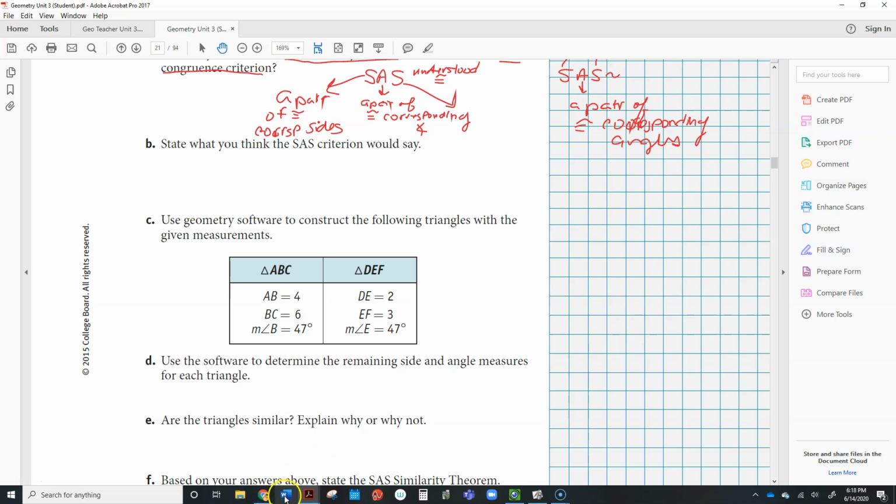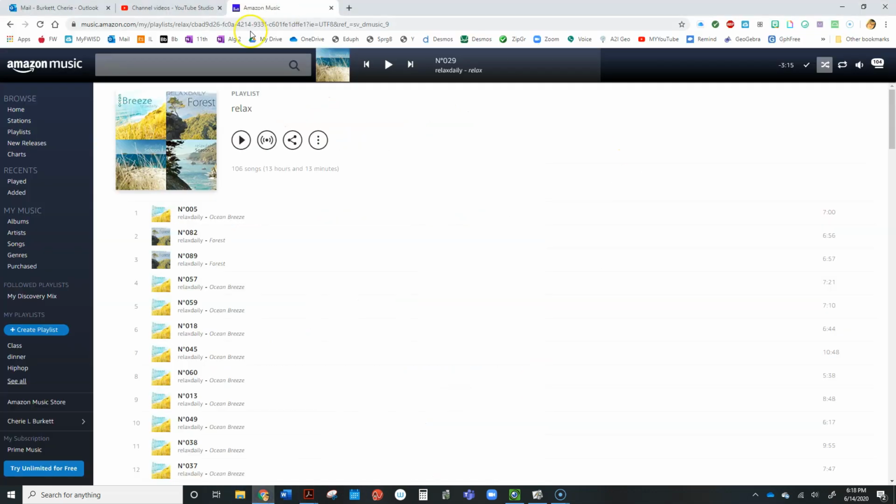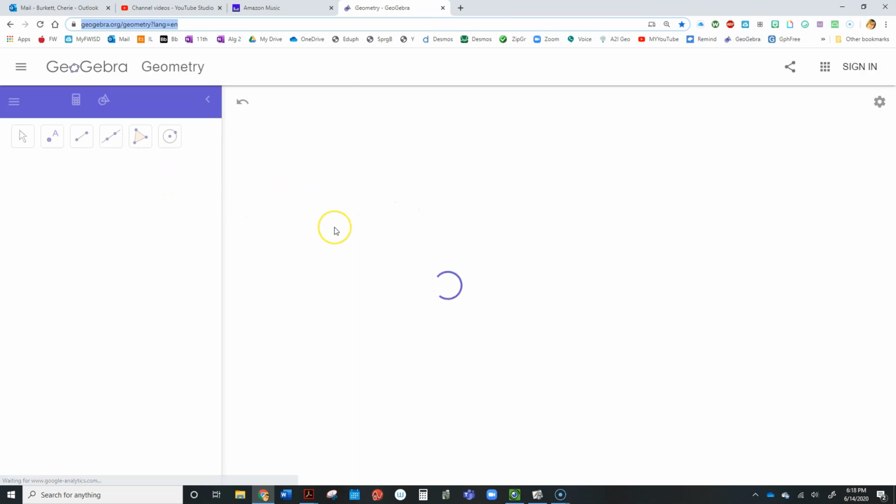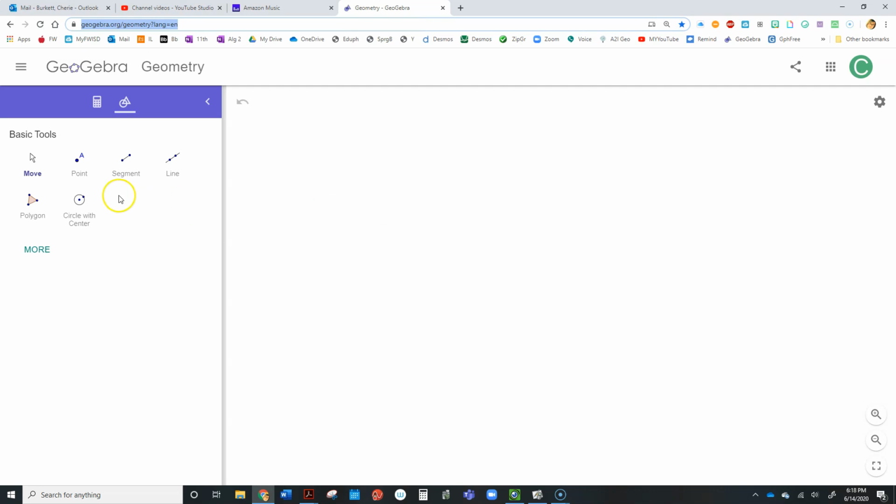I guess we'll use GeoGebra. It says we want AB to be 4. It's taking a long time.